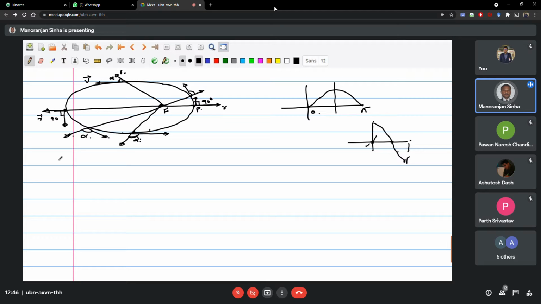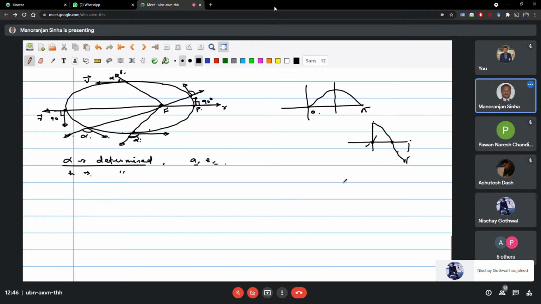Okay, so once we have determined alpha, next we have to work out this A, E, etc. and H we have already worked out. So the next step is to write the conic section equation in this format and then differentiate this with time.